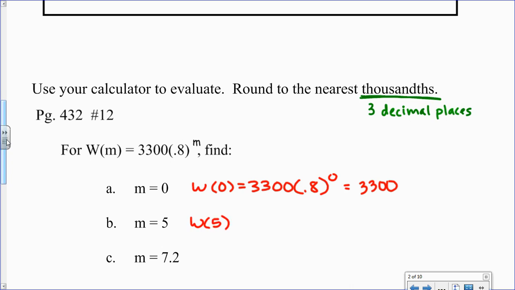Okay, you plug in 5, you do need to round. So 1081 and then 0.344.